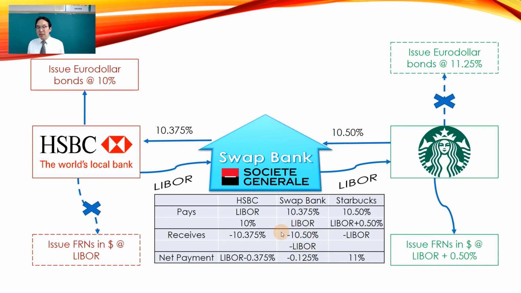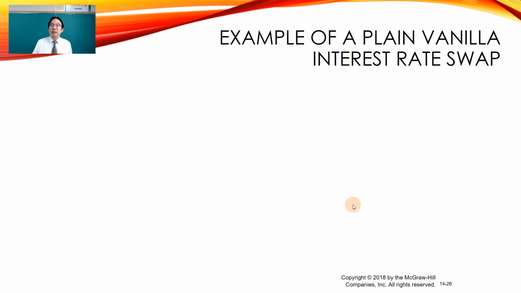And then what is left is minus 0.125 or 12.5 basis points. That's minus cost, which means profit. So the swap bank makes money out of it. That's the spread between these two. So that's basically it.